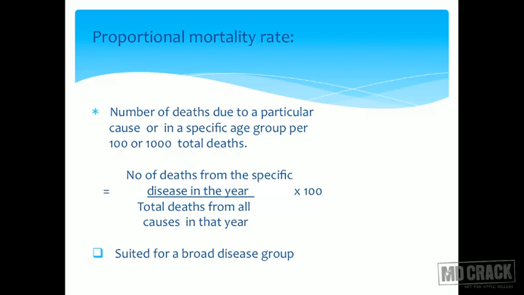Remember, this is not mid-year population. The denominator has been changed. Denominator is the total number of deaths. Numerator, deaths because of cholera, and that gives me proportional mortality rate. Okay, so proportional mortality rate, how much of the mortality is proportional to a disease? It is suited for a broad disease group.